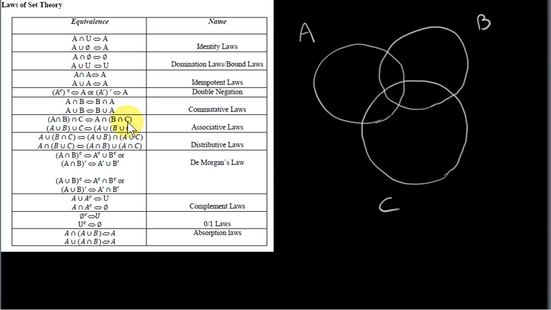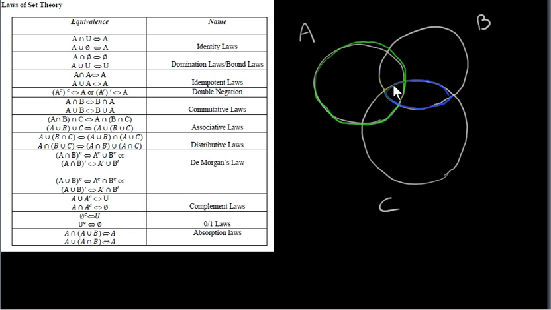Now let's look at the right hand side. Let's do the bit in brackets first. That's what the brackets mean. Well, we look at B intersecting C. So B intersecting C is everything in here. Every element in here is in both set B and set C. Now let's take the intersection of this region with set A. I'll do A in green, everything inside this green circle here.